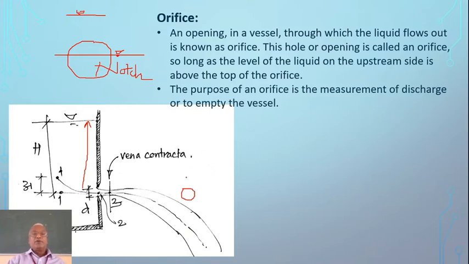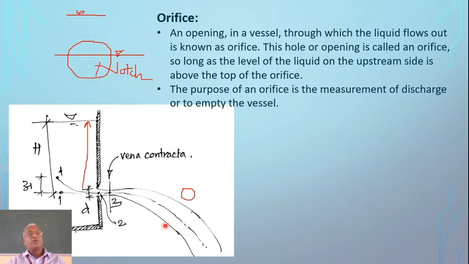The purpose of an orifice is the measurement of discharge or to empty the vessel. Depending upon the data we can get about the orifice, meaning the diameter of the orifice and how high the water is standing above it, this helps you find out how much the discharge is, at what rate the discharge is going out.